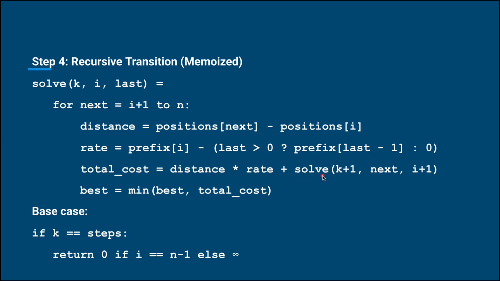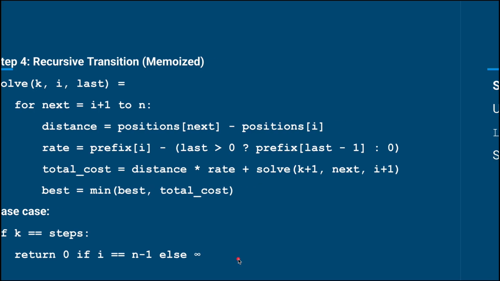You can do the recursive call with k plus 1 and I plus 1, and next will remain the same, right? Because we are moving on to the next. Then the base case: if k is equal to steps, return 0 if I is equal to n minus 1, else it will return infinity.